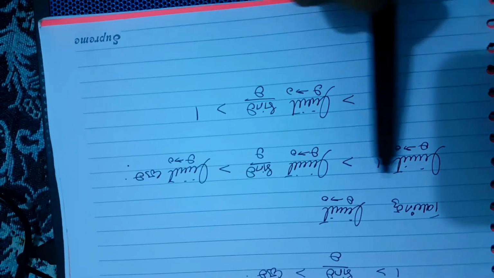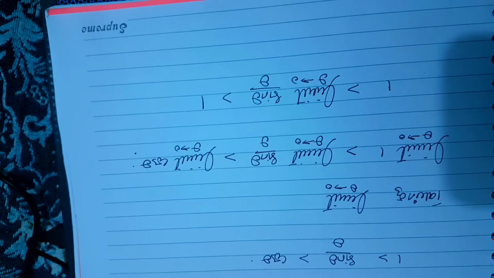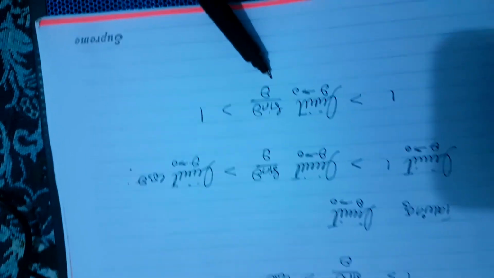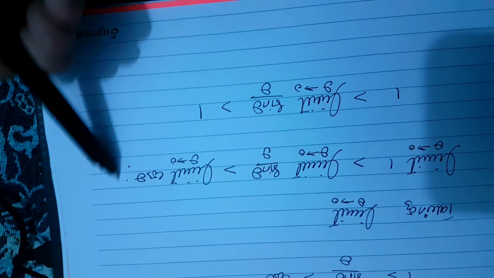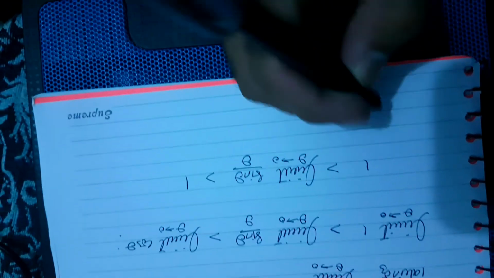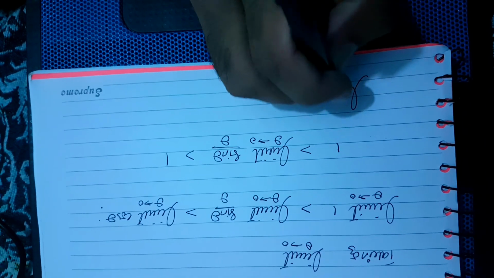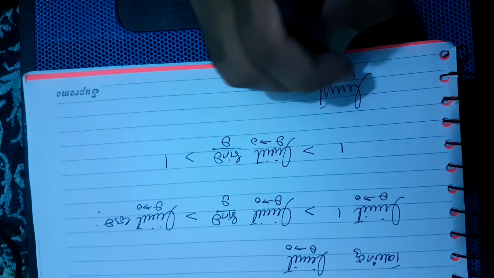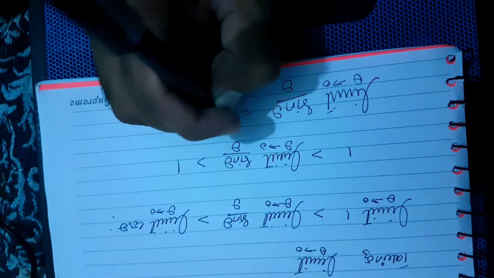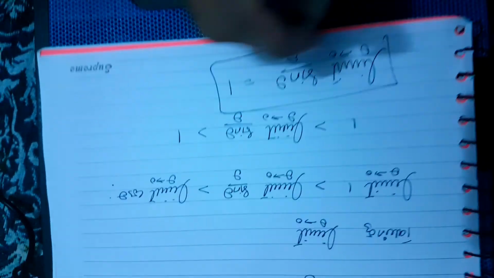The limit of a real number is that real number, and the limit of cos theta as theta approaches 0 is 1. Therefore we got our result: the limit as theta approaches 0 of sine theta by theta equals 1, which is our sandwich theorem.